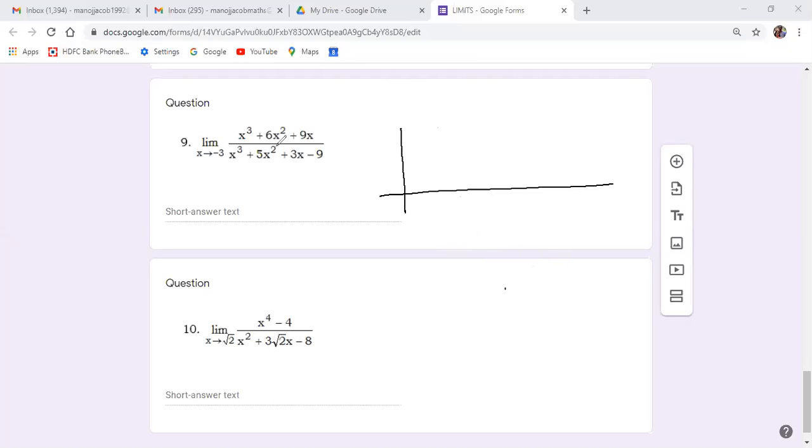Okay, coefficient of x cube is 1. Coefficient of x square is 6. Actually, here you should take x common. Take x common: x square plus 6x plus 9. And you need to do synthetic division only for the denominator.